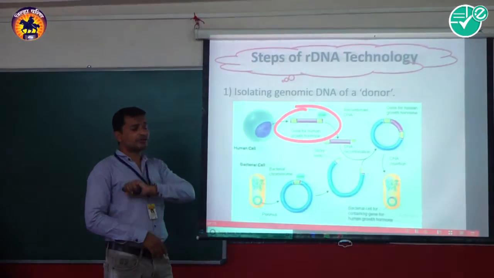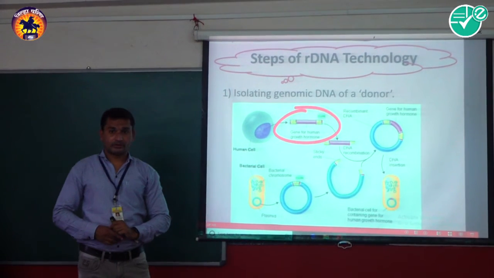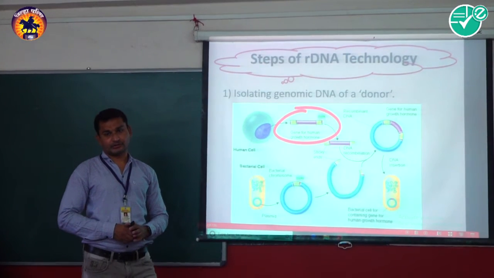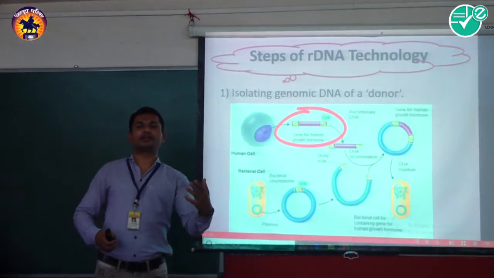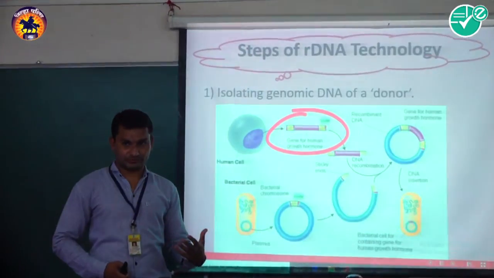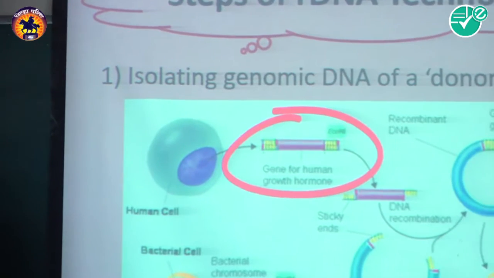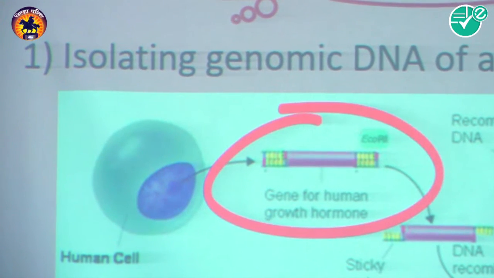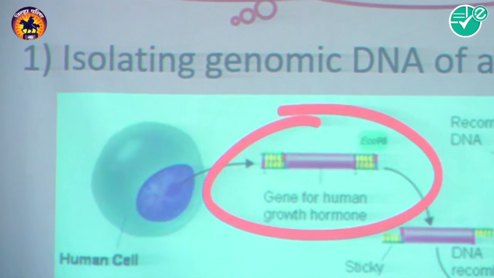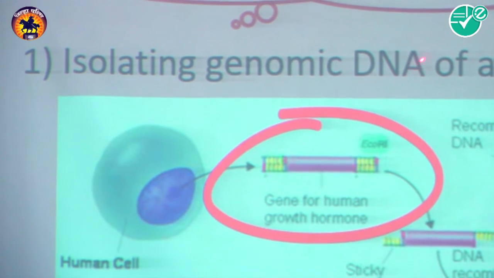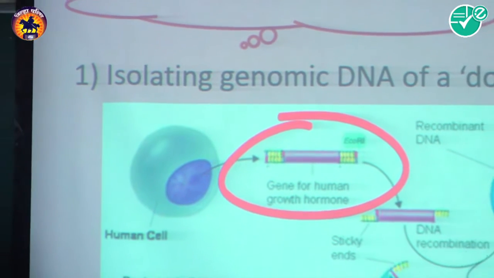Then the different steps of recombinant DNA technology. Means we are discussing how recombinant DNA technology is carried out. We'll go one by one. The number one step is isolating the genomic DNA of the donor.